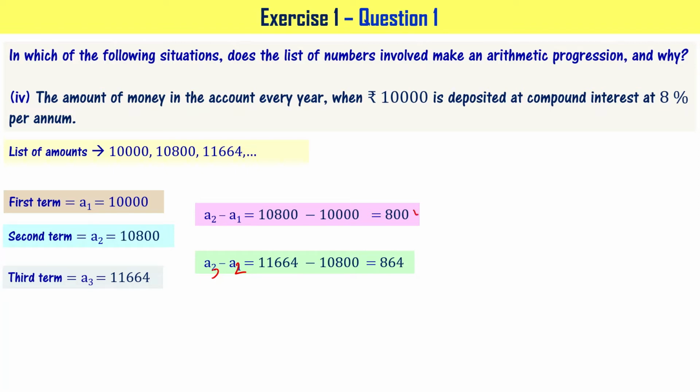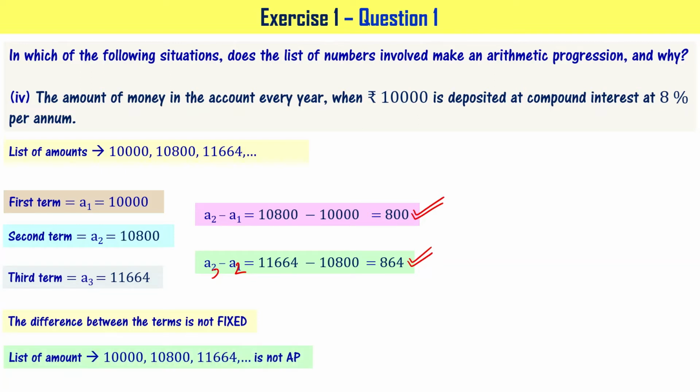You see the difference is different. It is 800 here, it is 864 here, meaning the difference between successive terms is not a fixed number, right? For that reason, since the difference between the terms is not fixed, you say that the list of amounts, whatever you have gotten here, is not an arithmetic progression. Understood?